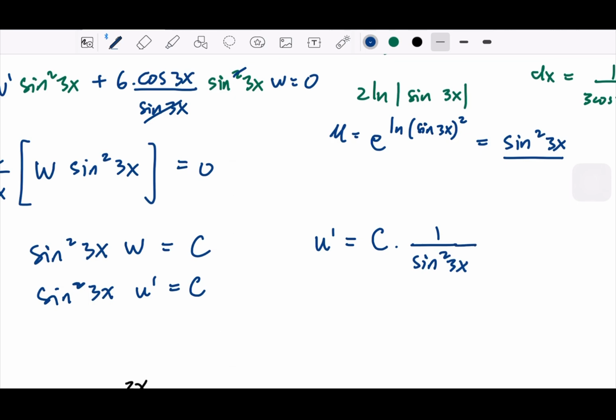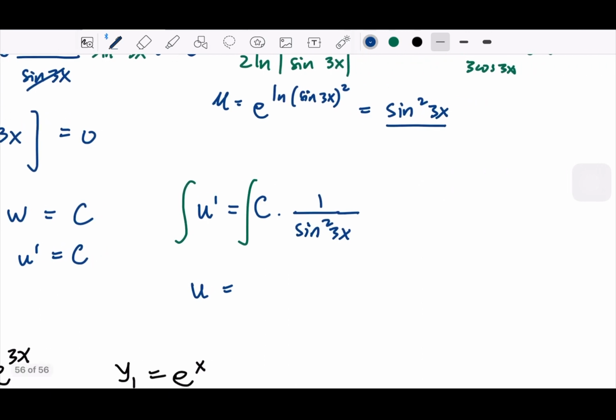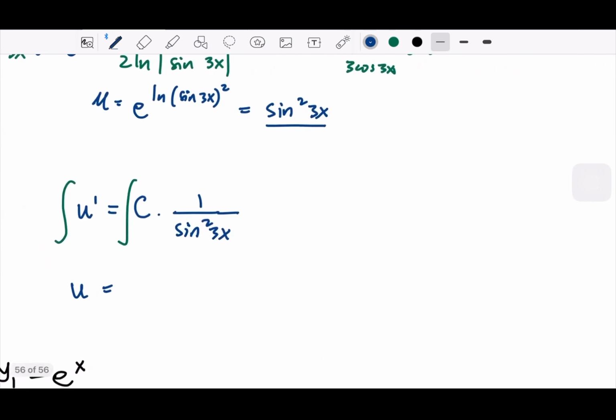And then we need to integrate this u prime. So it becomes u. And the integration of 1 over sine squared, or the integration of the cosecant squared 3x dx.